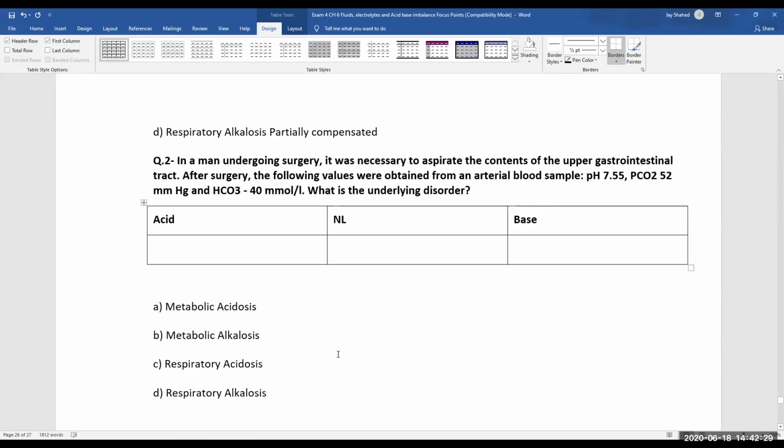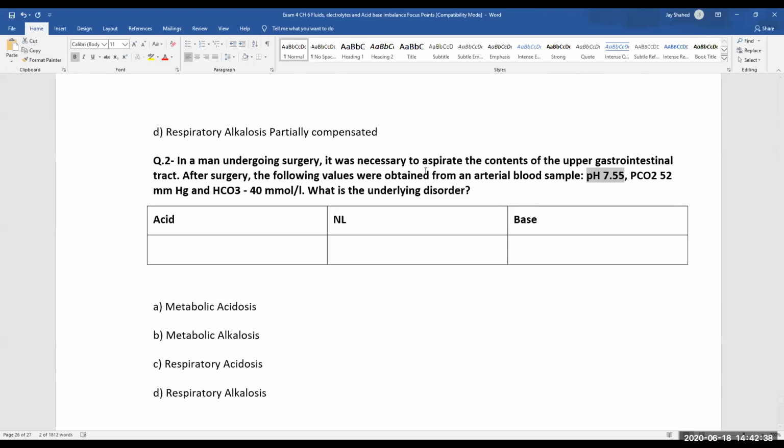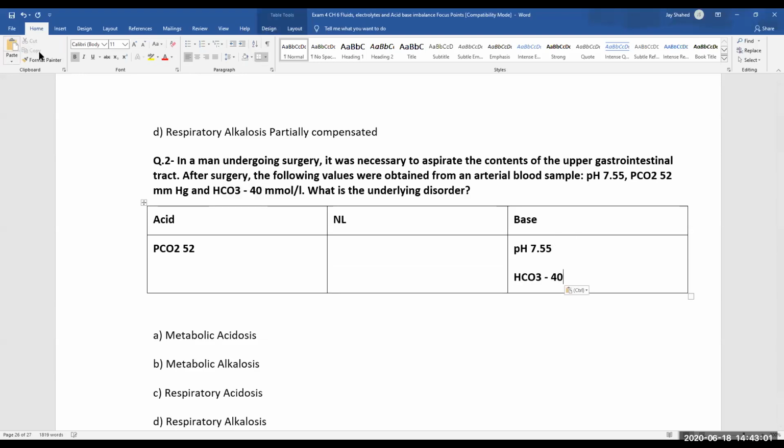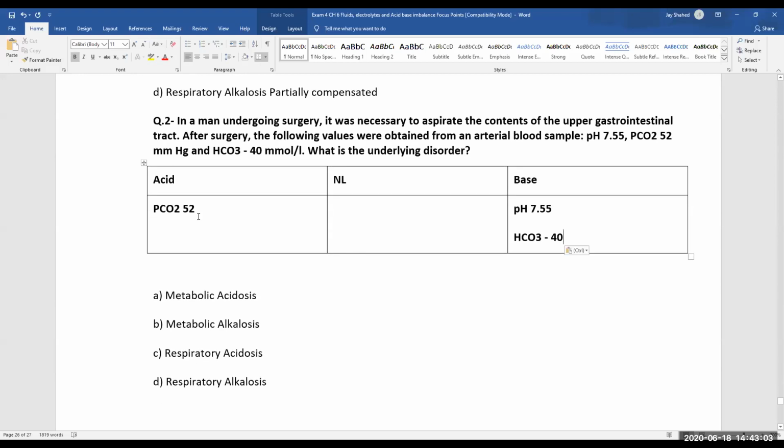Metabolic alkalosis partially compensated. Okay. Where's your pH? Base. Where's the PCO2? Base. Acid. Yeah, acid. And what about this? Base. So, metabolic alkalosis. Partially compensated.